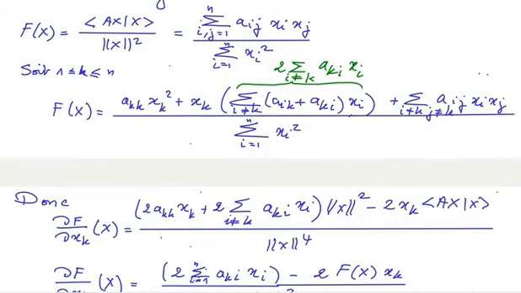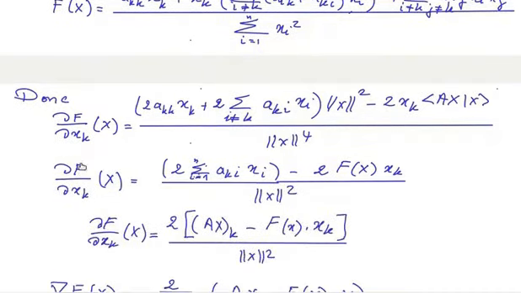So this is u prime multiplied by v, which is the norm of x squared, minus u, which is, returning to the form of u, originally x scalar Ax, multiplied by the derivative of the denominator, which is 2xk, all over the denominator squared, which makes the norm of x to the power of 4. And so the derivative of f with respect to xk is written as 2 times the sum for i equal to 1 to n of a_ki xi.